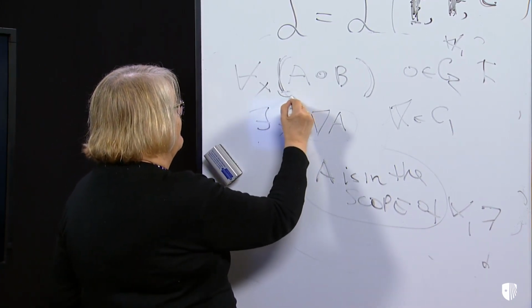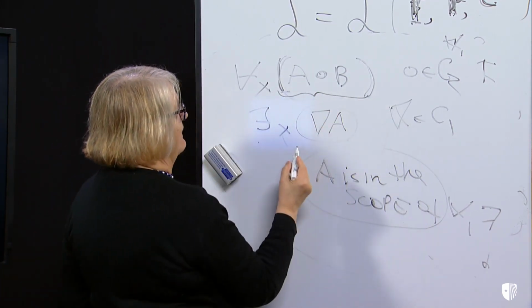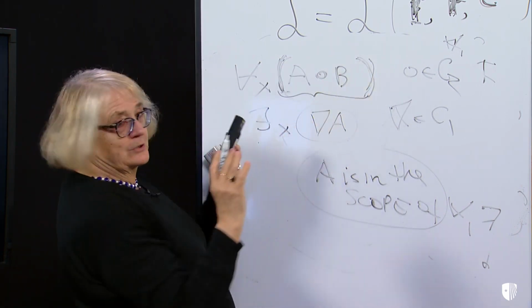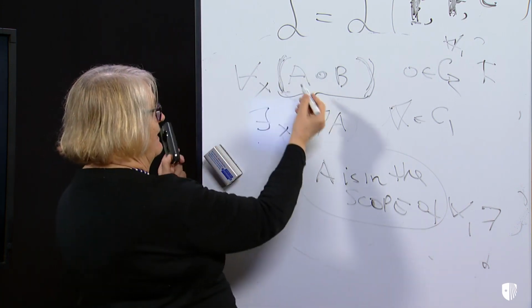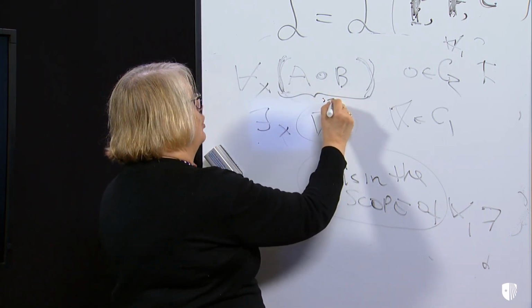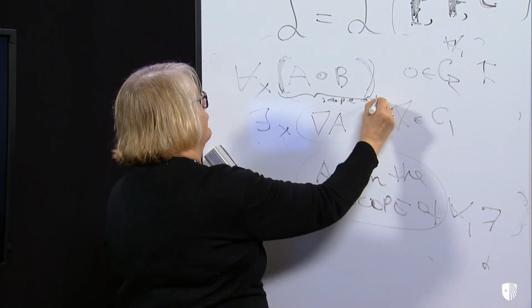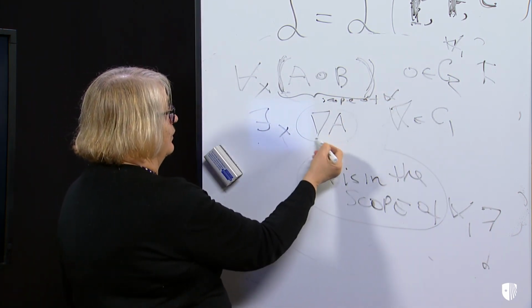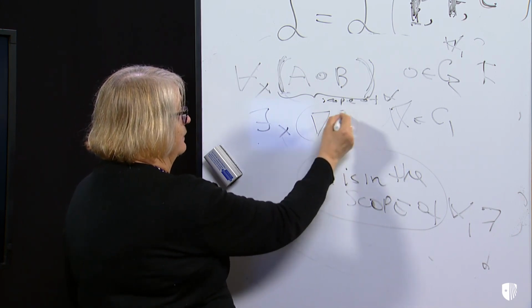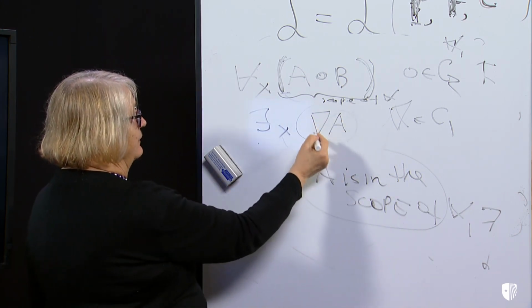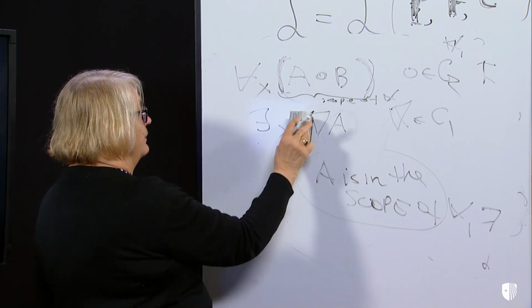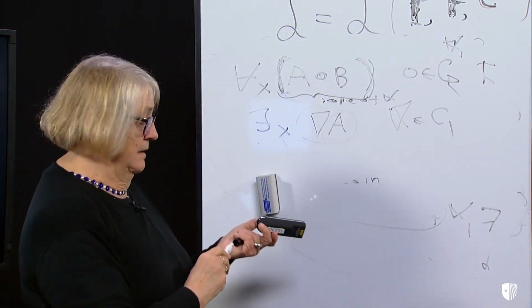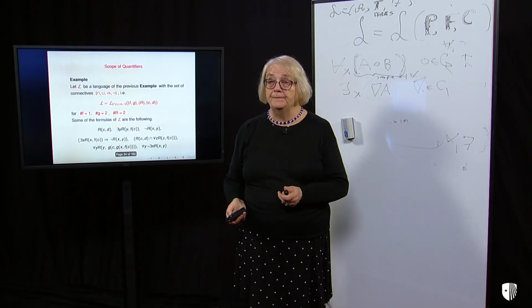Here the scope of the quantifier is everything which is in A. So you don't need to put extra parentheses around, because you know how it looks. That is an important notion.